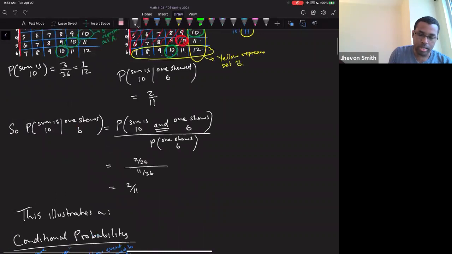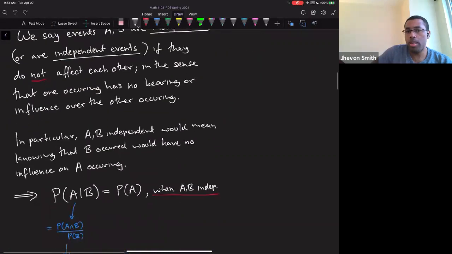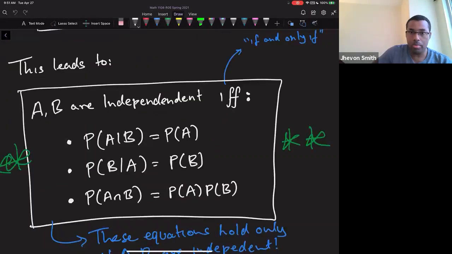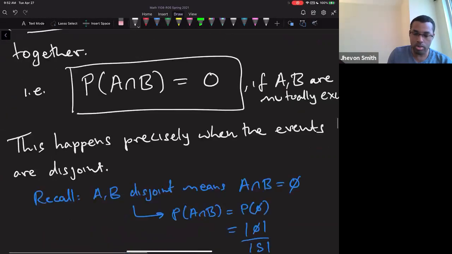So we have this. Probability of A and B equals probability of A times the probability of B, but in a very specific circumstance, only if they're independent, right? So that applies to independent. At this point, we don't know if they're independent or not, so we can't assume that.